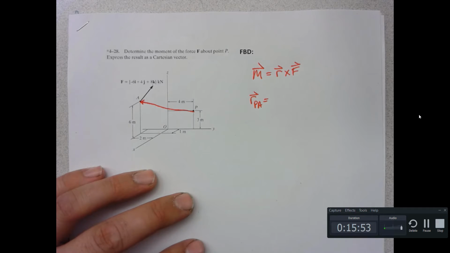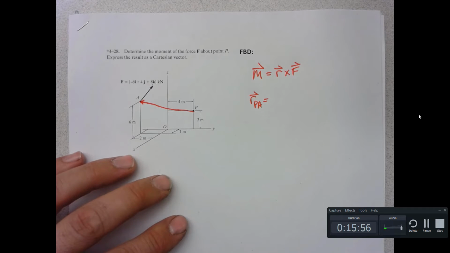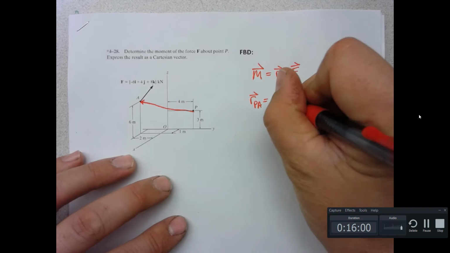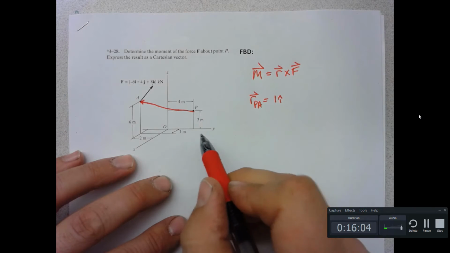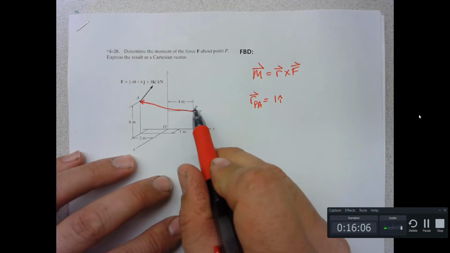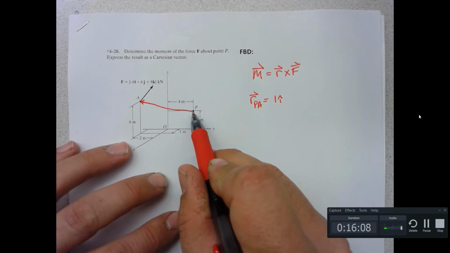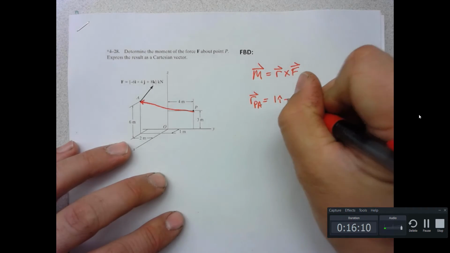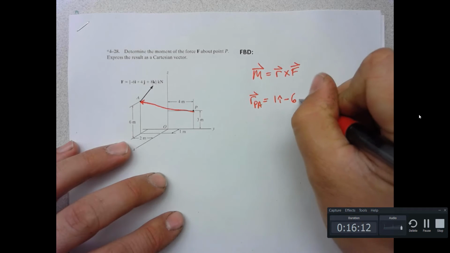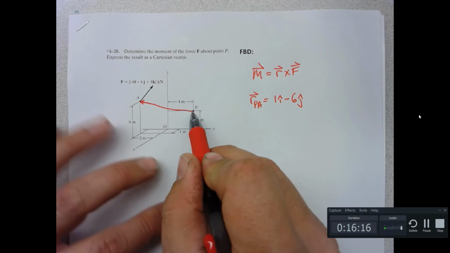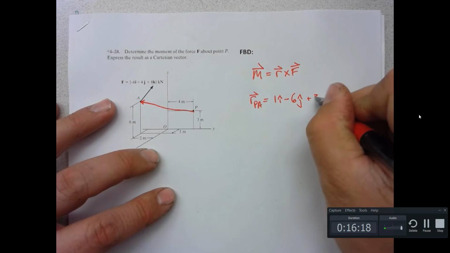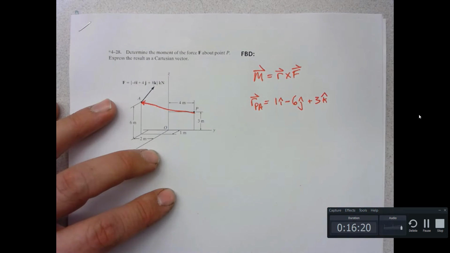The displacement vector. So in the x direction, I'm going out 1, so 1 i hat. In the y direction, I'm going from positive 4 to negative 2, so minus 6 j hat. And in the k direction, I'm going from 3 to 6, so plus 3 k hat.